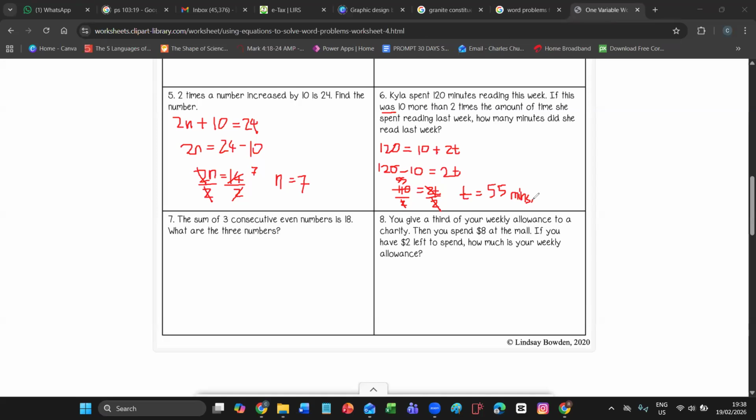For instance, if I asked you for consecutive natural numbers, you know that natural numbers start from one, isn't it? Yes, sir. So what's the consecutive number after one? Is two, right? One, two, followed by three.